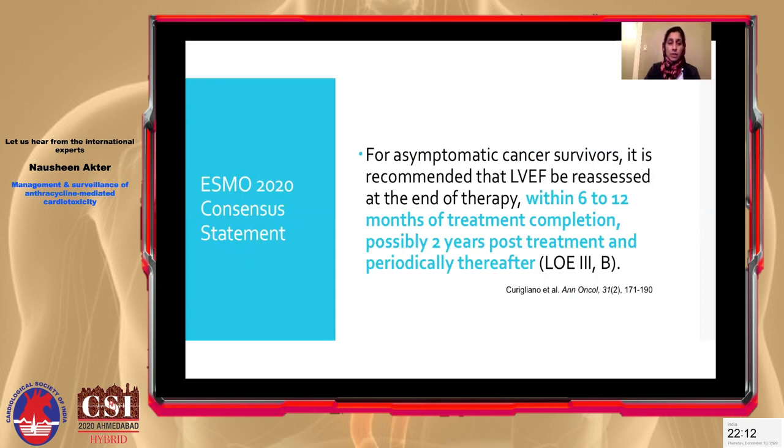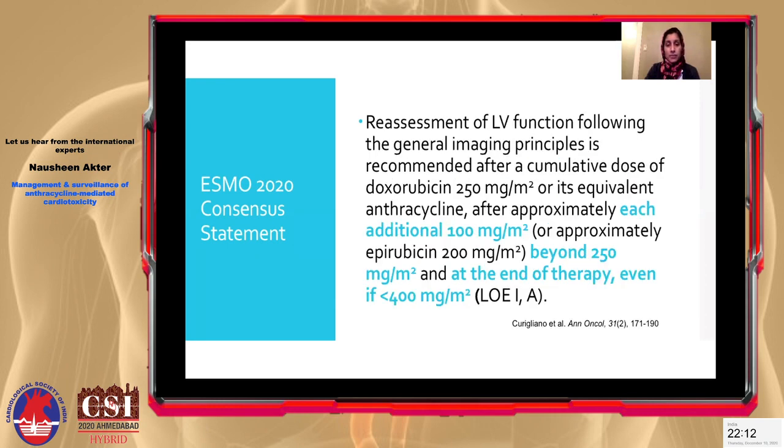The ESMO consensus statement this year follows these recommendations, again recommending an ejection fraction be obtained at the end of therapy or within 6 to 12 months of treatment completion, and now also possibly 2 years post-treatment and periodically thereafter. This statement slightly differs from the American Society of Echo in the reassessment of LV function, following general imaging principles.